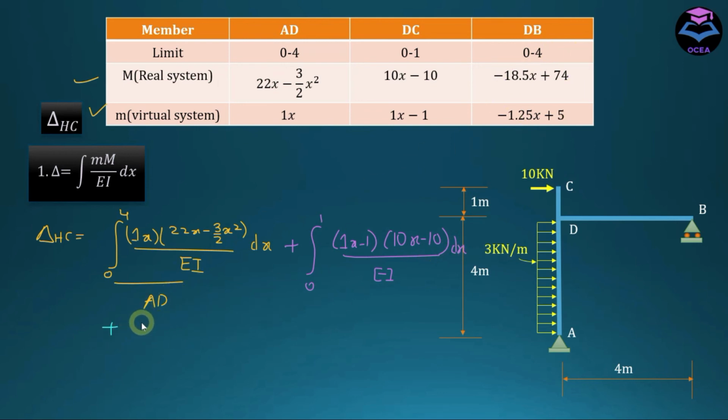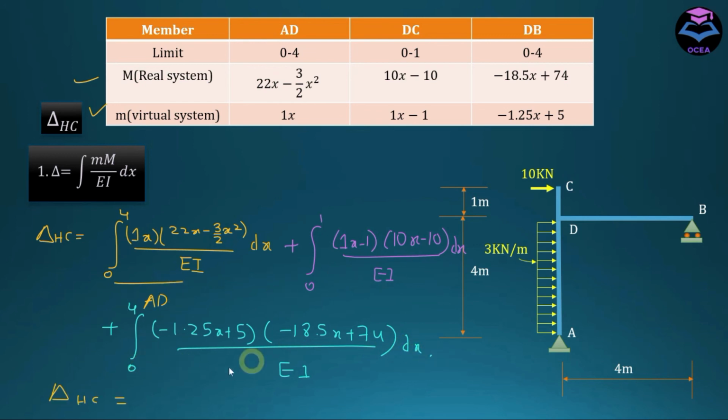Now write the integral term for this member. This starts from 0 and ends at 4, and we have small m equals minus 1.25 x plus 5, and capital M equals minus 18.5 x plus 74 over EI into dx.